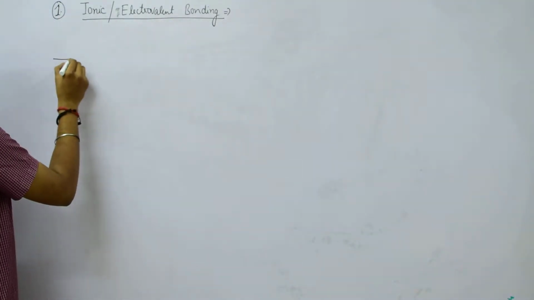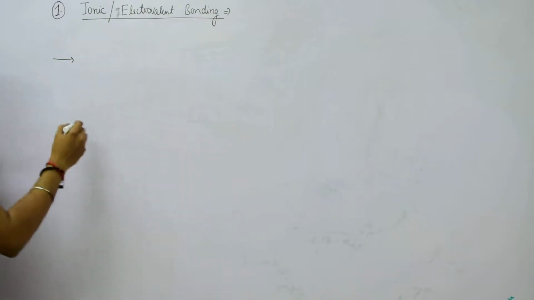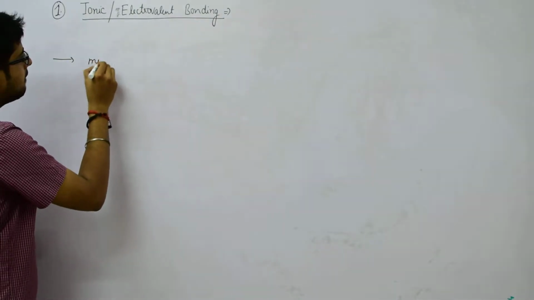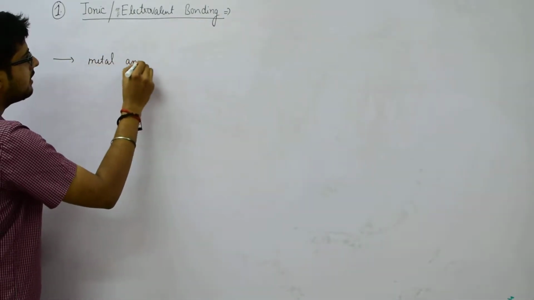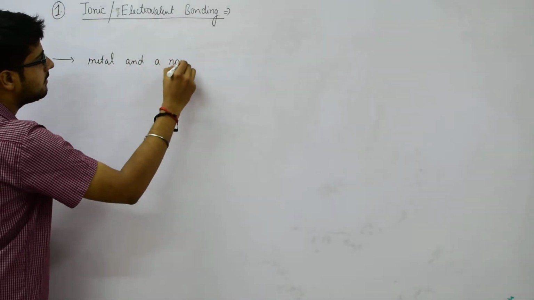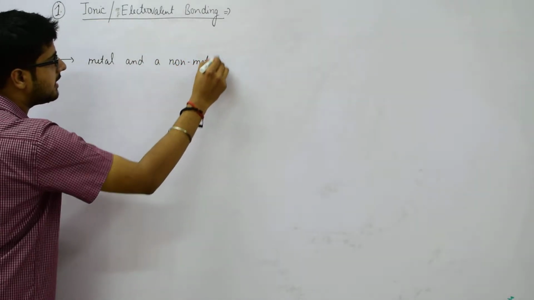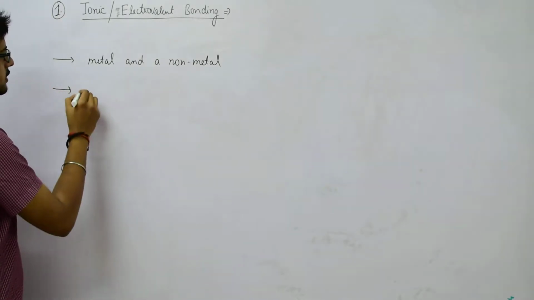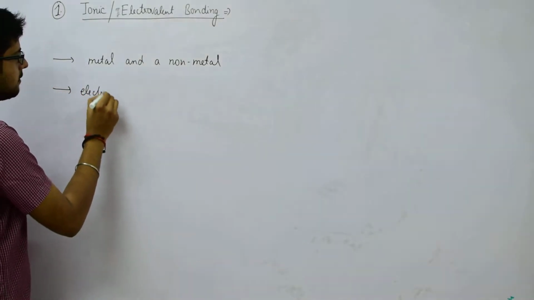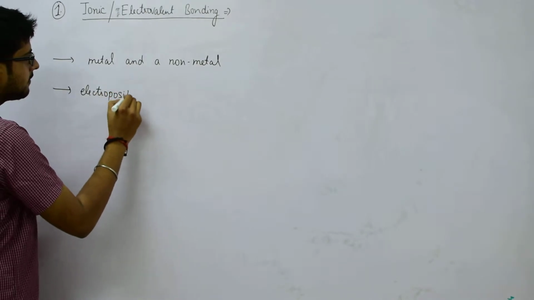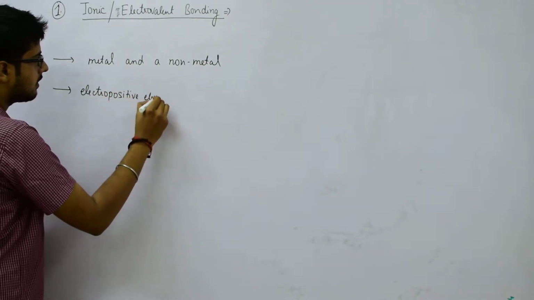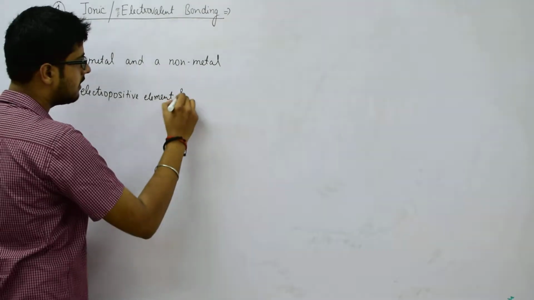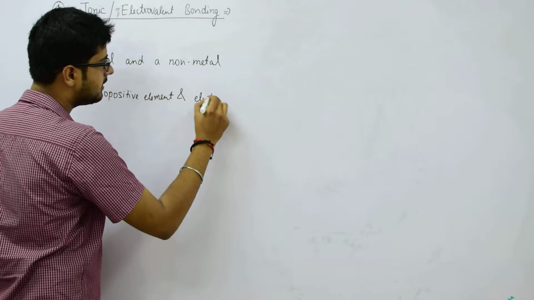The very first point is that this type of bonding is formed between a metal and a non-metal. The second is that it is formed between an electropositive element and an electronegative element.